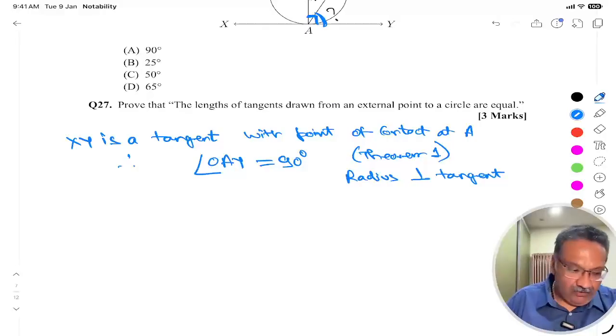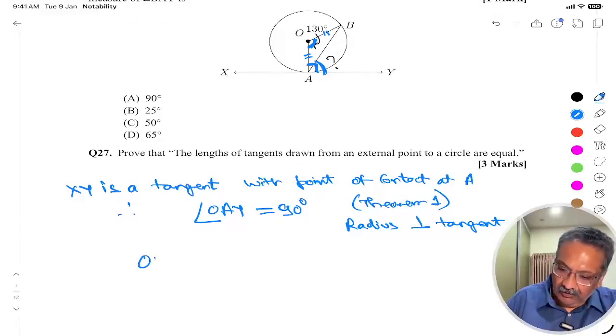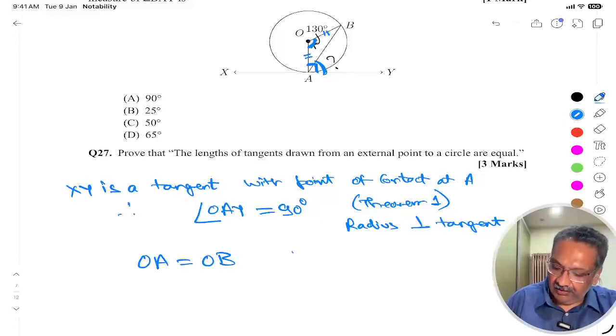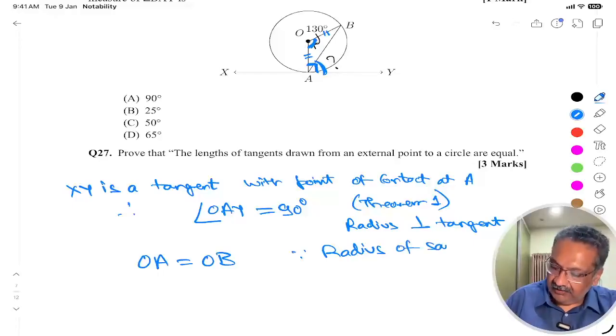Further, see, OA is equal to OB, because they are radii of the same circle.